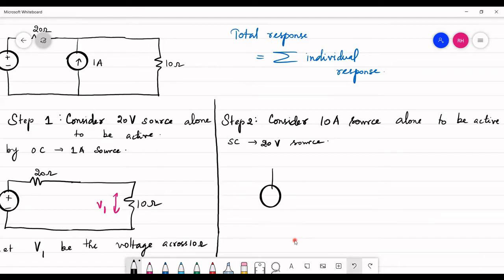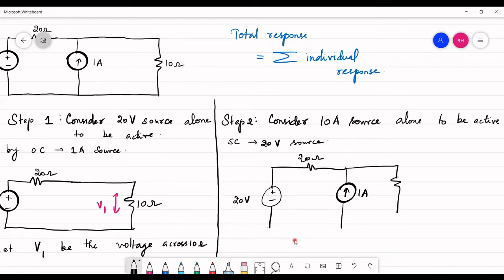So this is our circuit, right? 20 volt. So it is said you are supposed to short circuit 20 volt source.